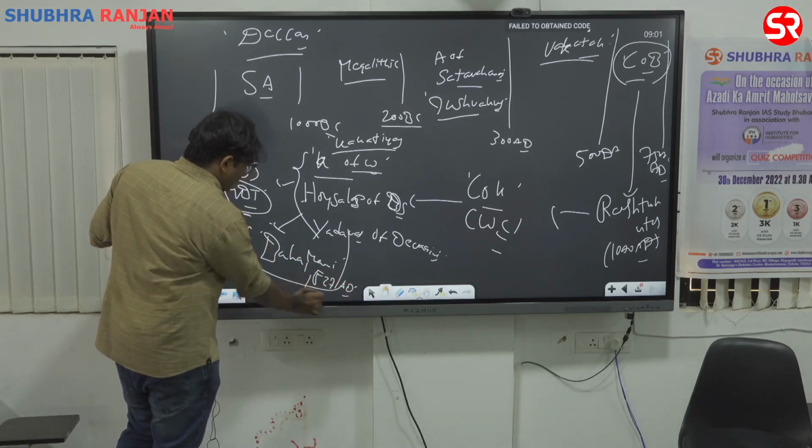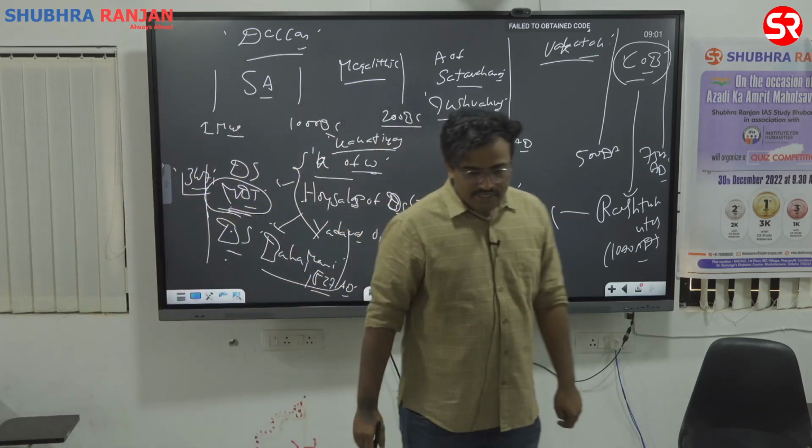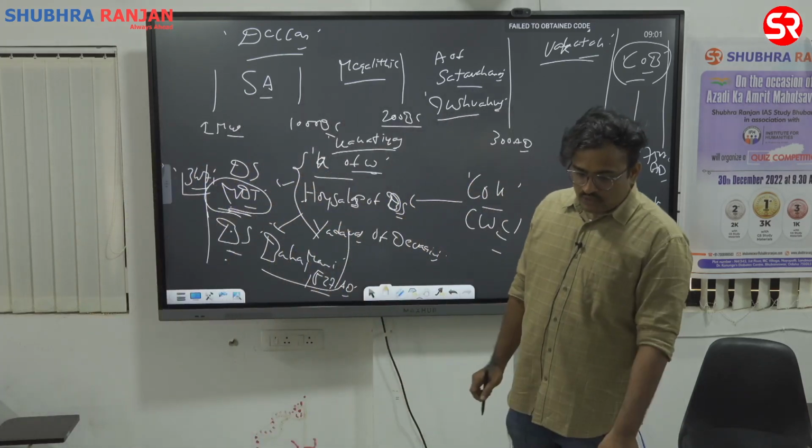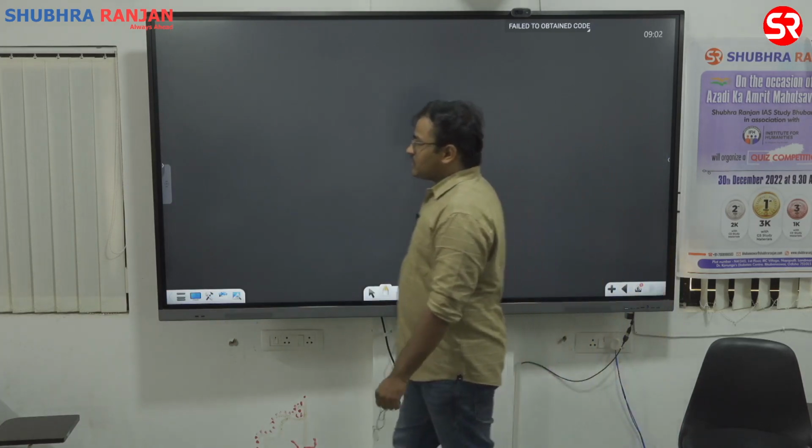It continued till 1527 AD, so 1347 to 1527, nearly 180 years. Write it down.